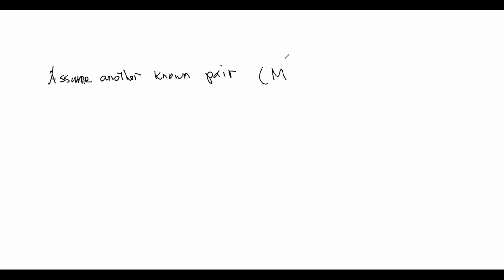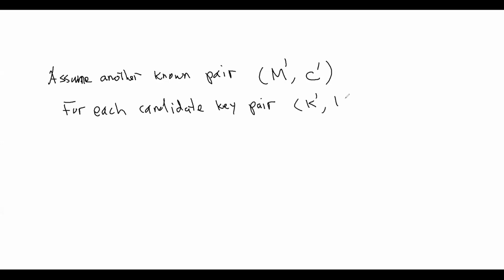Let's call it M prime, C prime. Okay, so now for each candidate key pair K prime, K. Now each candidate, there may be so many.